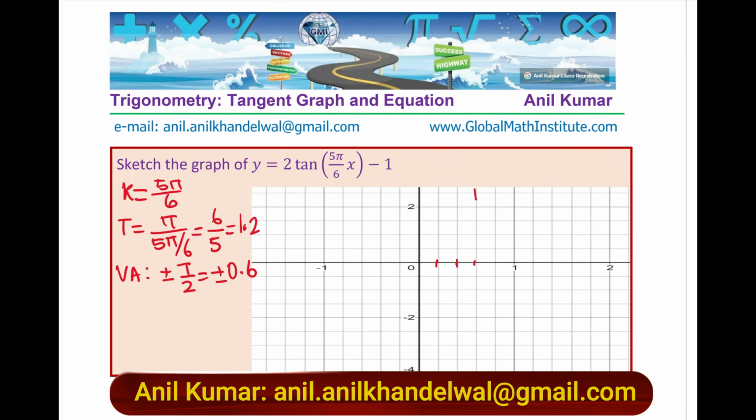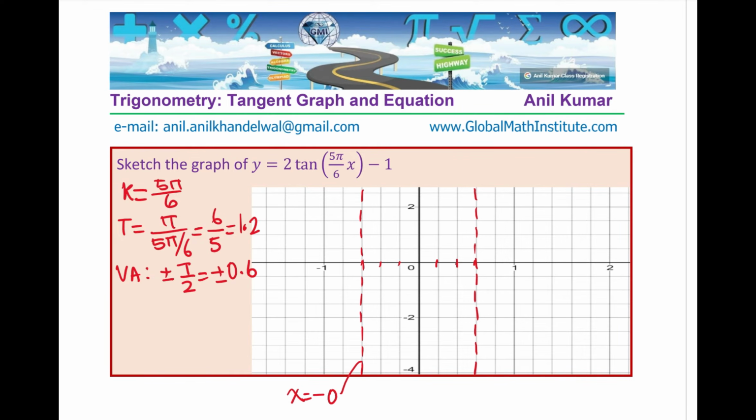So we have vertical asymptotes at plus 0.6 and at minus 0.6. Is this part clear to you? So this is vertical asymptote x equals minus 0.6 and x equals plus 0.6.